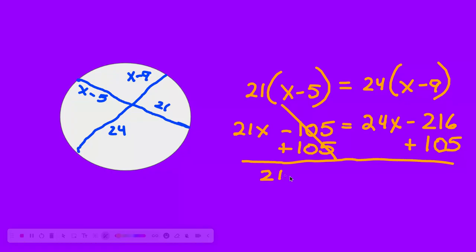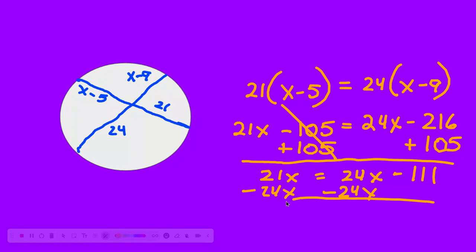Now I have 21x equals 24x, and negative 216 plus 105. That gives us minus 111. And then we minus the 24x on this side and on that side. Put another line. Then we're going to have negative 3x equals negative 111.